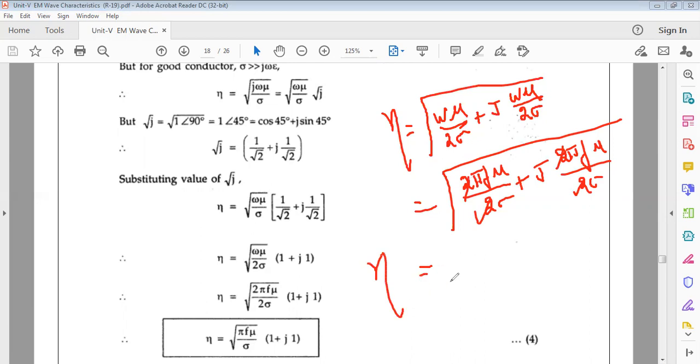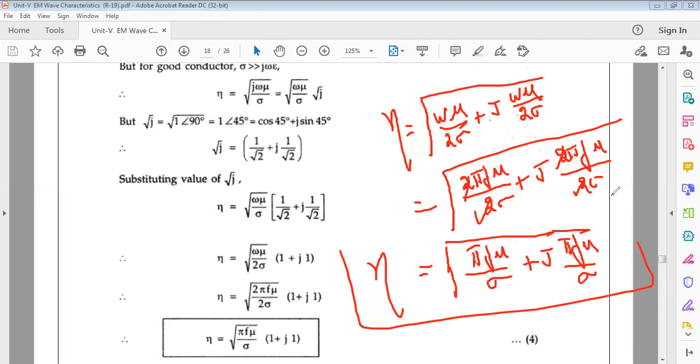Then it becomes eta is equal to the square root of pi f mu by sigma plus j into pi f mu by sigma. The intrinsic impedance eta is equal to, you see here, the total factor multiplied by 1 under root of pi f mu by sigma plus j into pi f mu by sigma.